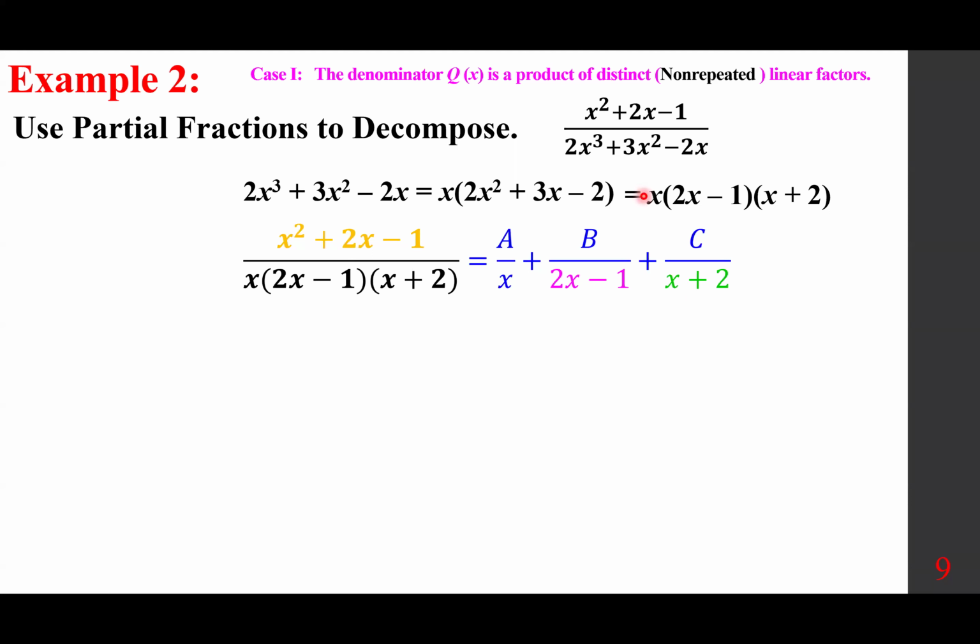So factor the denominator, write the denominator in factored form, and according to partial fractions, we should be able to come up with a over x, b over 2x minus 1, and c over x plus 2. So what do we do? We clear out the denominators by multiplying everything by x times 2x minus 1 times x plus 2.